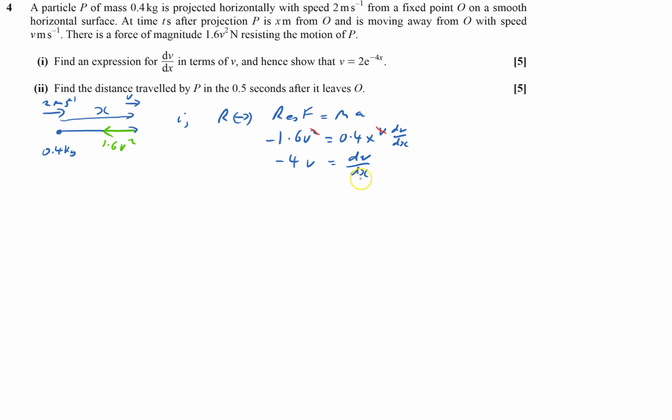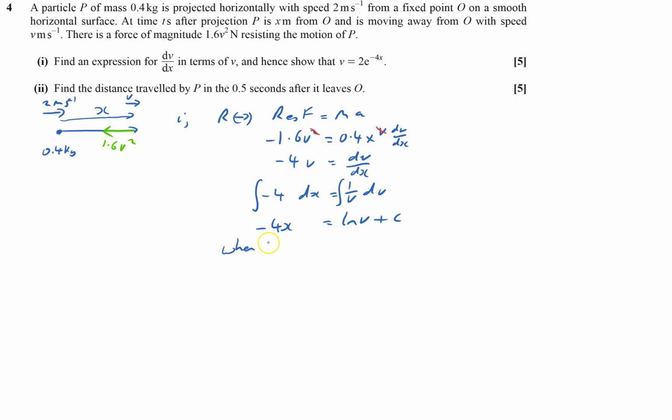Now I have to solve this. Times both sides by dx, and I want to get the v on the other side, so minus 4 dx equals 1 over v dv. That separated everything, so put in the integral signs, and that says minus 4x equals ln v plus c. Always put the plus c, and now let's find it.